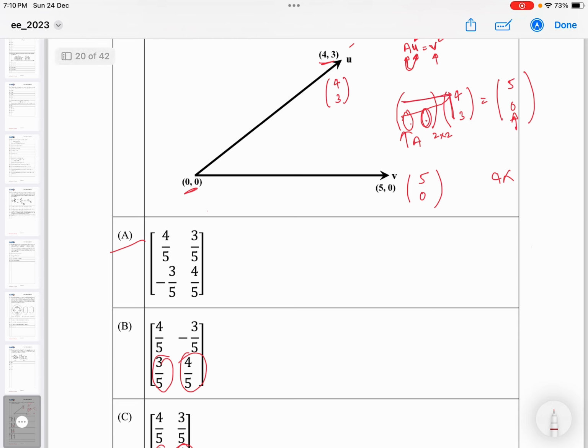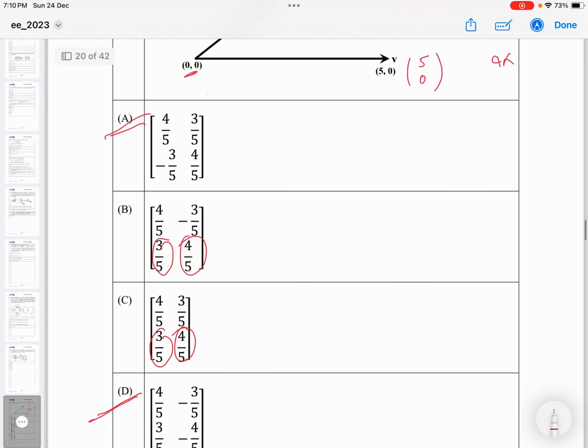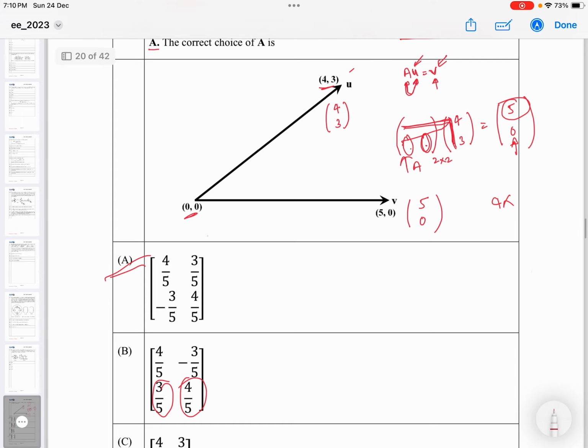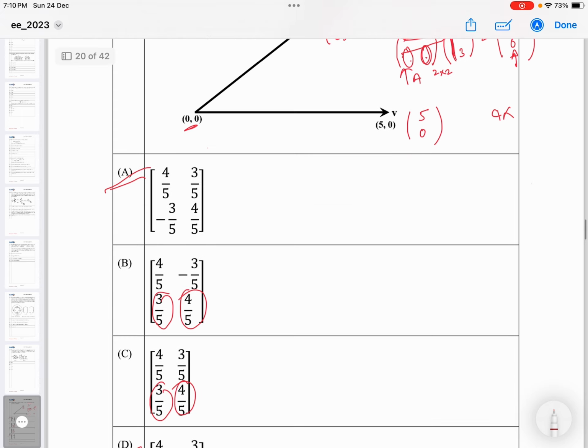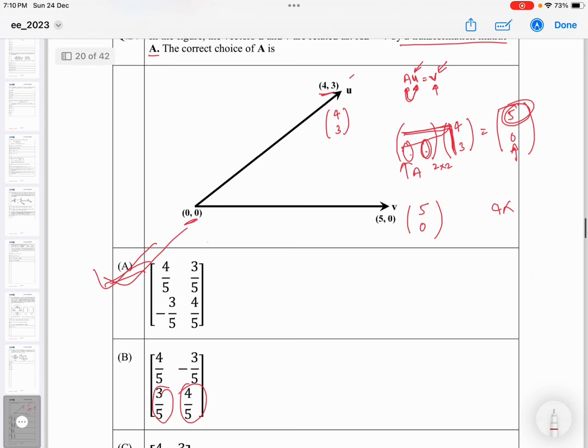And here when we multiply, we should get this 5. So you can check from option A and option D, multiply and check which option will give you this 5, right? So the correct answer for this is option A.